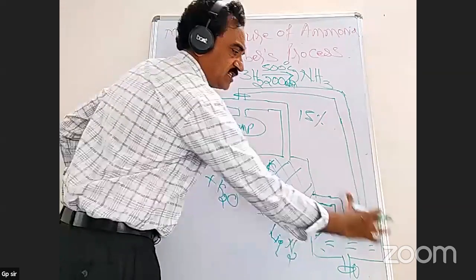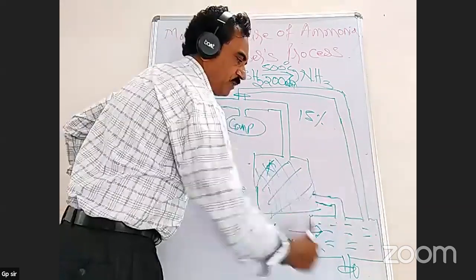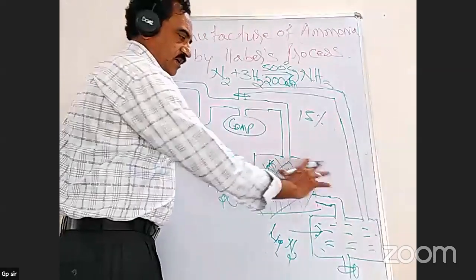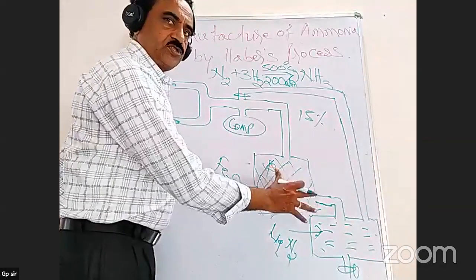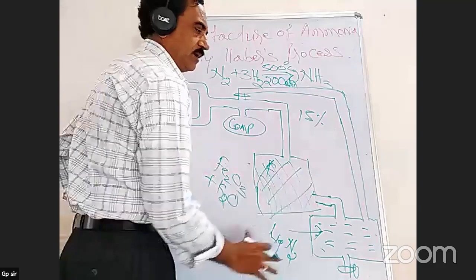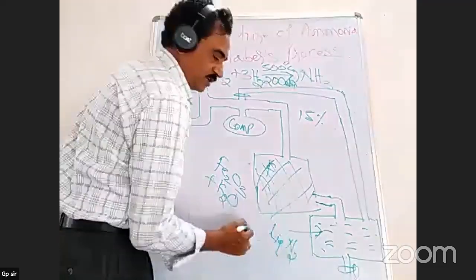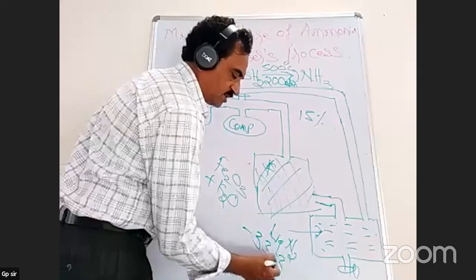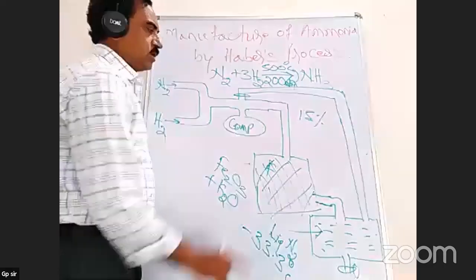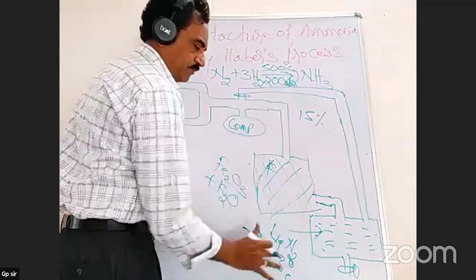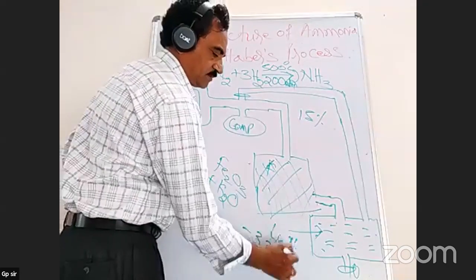It is the freezing chamber. It is surrounded by a condenser, a mixture of ice and salt, at -33.3 degrees Celsius temperature. At -33.3 degrees Celsius, what happens? Only ammonia liquefies.